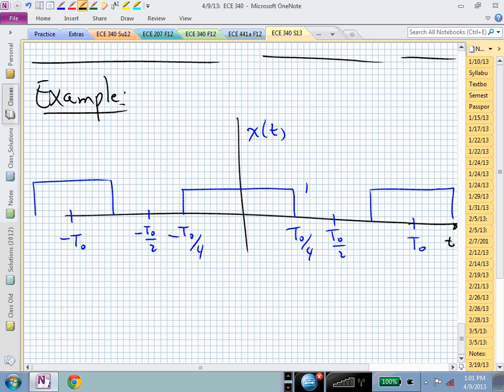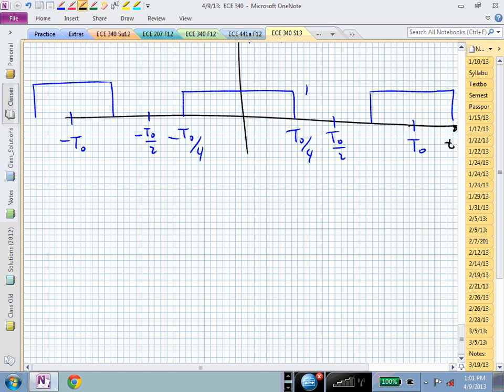From last time, with the amplitude being 1, we found that the average value was 1/2. Little a sub 0 was 1/2. Then the very first coefficient, little a sub 1, I think was 2a over pi.